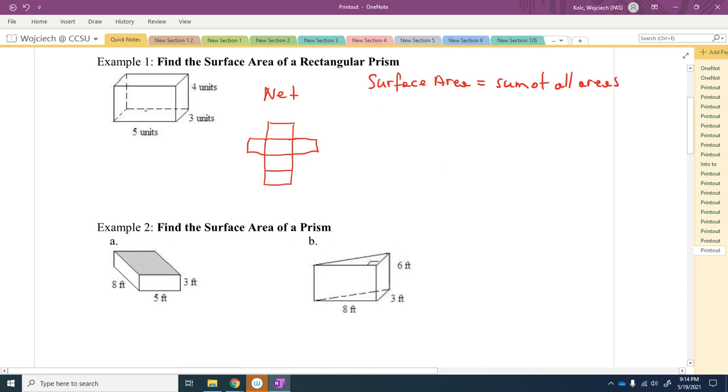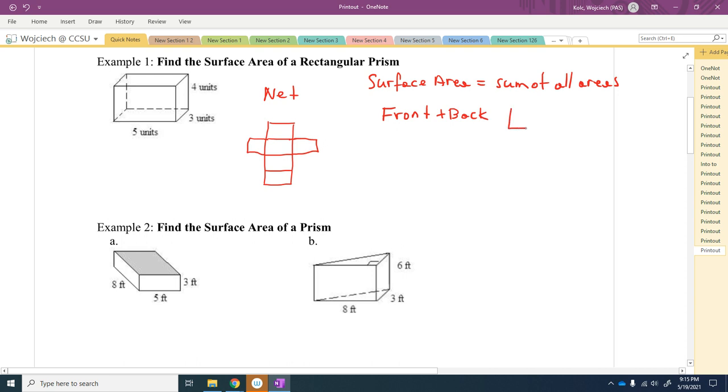Okay, so let's talk about the front wall. The front wall, actually, front and back, just like in your room, one wall is always congruent or the same as the wall across from it. So front plus back.